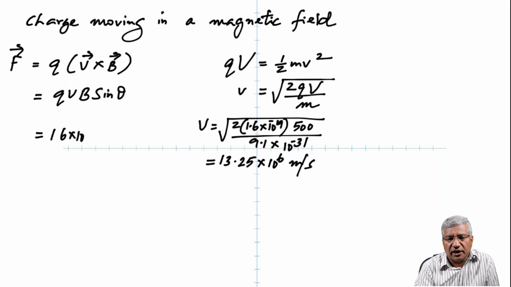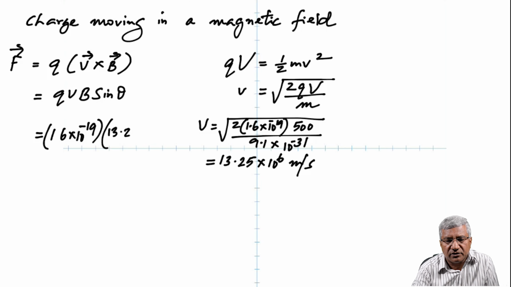All right, so once again, that's supposed to be 1.6 times 10 to the negative 19. There's a point there which you don't see, not very clear. Okay, so 1.6 times 10 to the negative 19. And then the velocity we just got. And let's assume that the magnetic field is 0.025 Tesla.